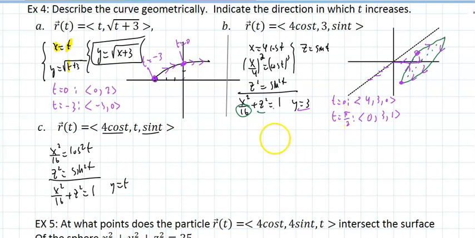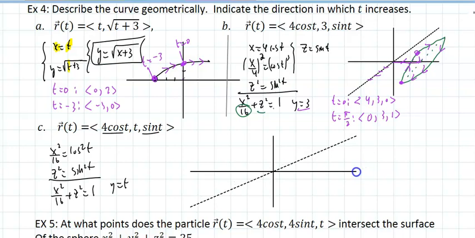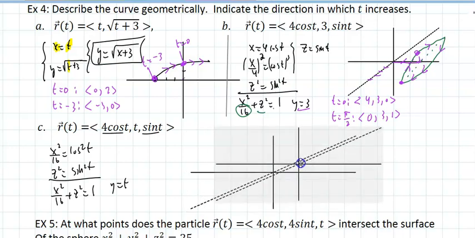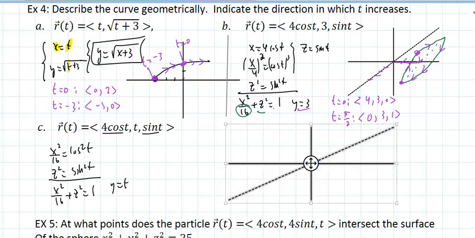Since y is not fixed here and it could be anywhere, what that's going to do is, at 0, I'm going to have 4 and 1.